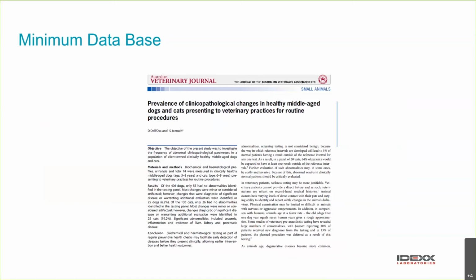And a big group in the middle had mild changes that may not need to be investigated. Of the 406 dogs, only 55 had no changes, and of the 130 cats, only 26 had no changes.